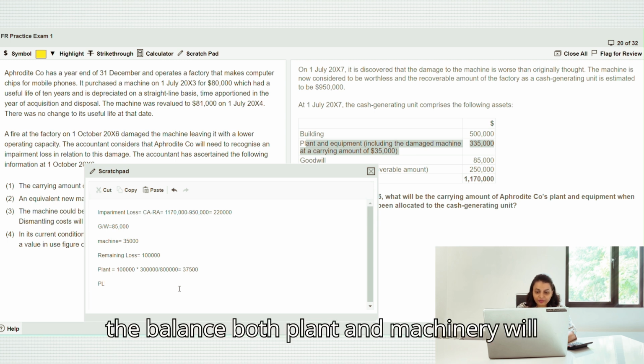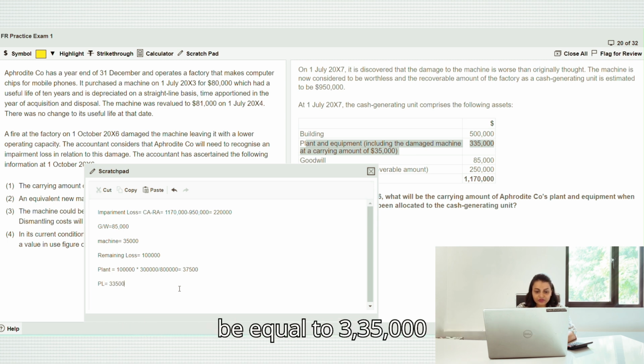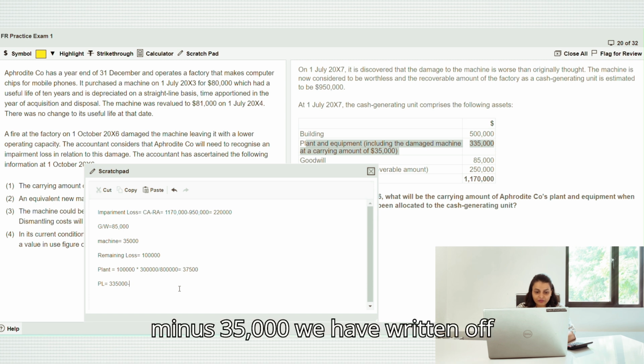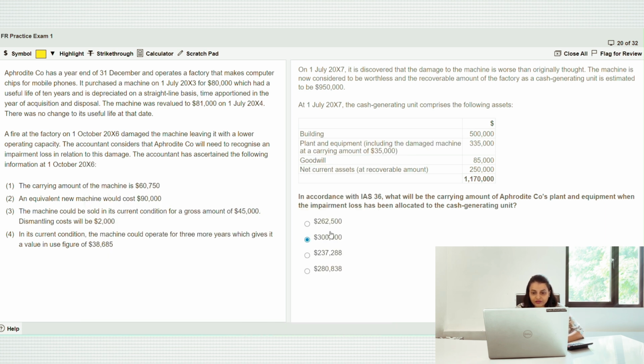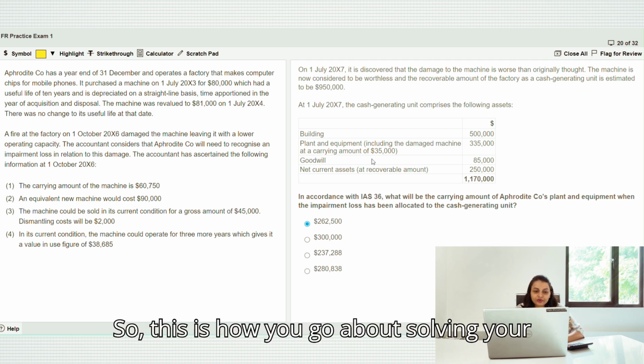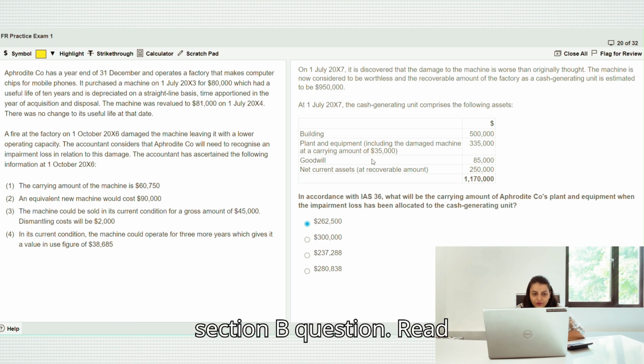So the balance of plant and machinery will be 3,35,000 minus 35,000 we have written off above and 37,500, which is equal to 2,62,500. This is the value of my plant and equipment.